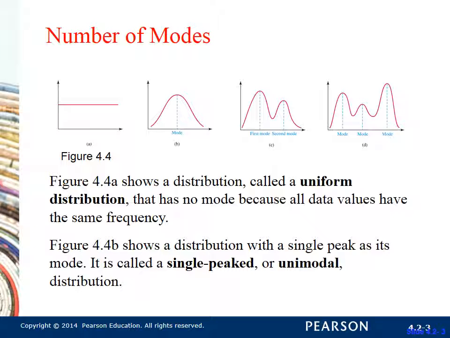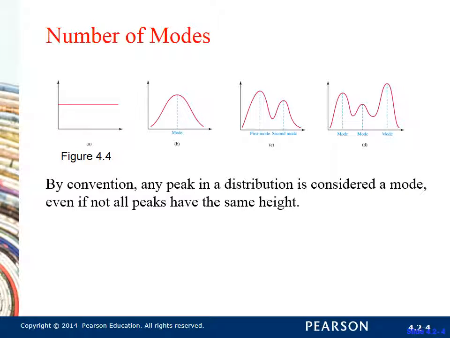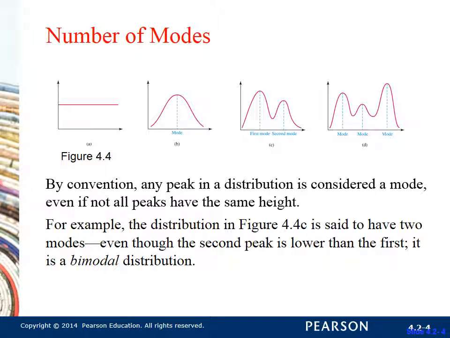So if we have a single peak, it's called a unimodal distribution. If I have more than one peak, 2 peaks, it's called bimodal. And again, here the note says any peak in a distribution is considered a mode, even if they're not all the same height. So that's okay.